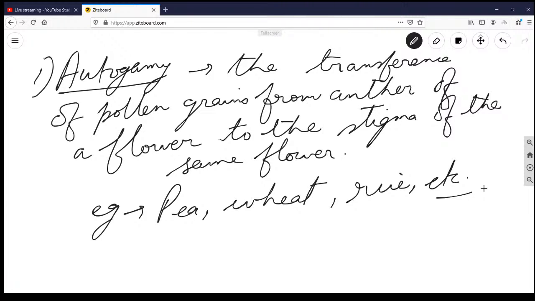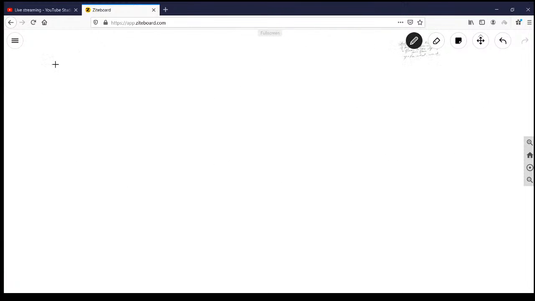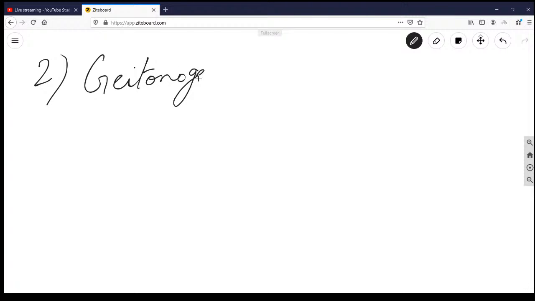Next is geitonogamy. Okay, so number 2 is geitonogamy.